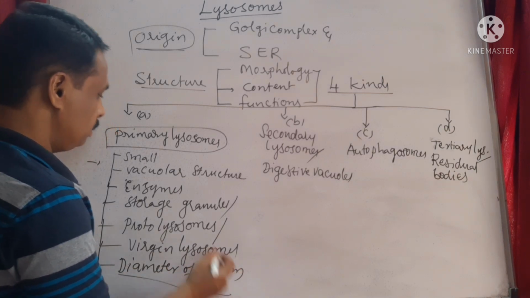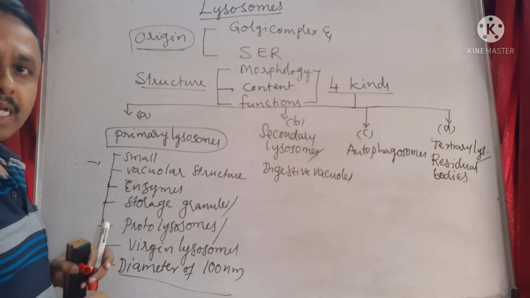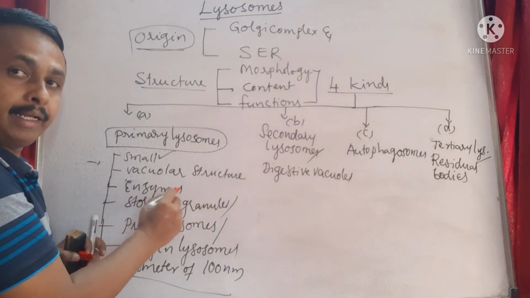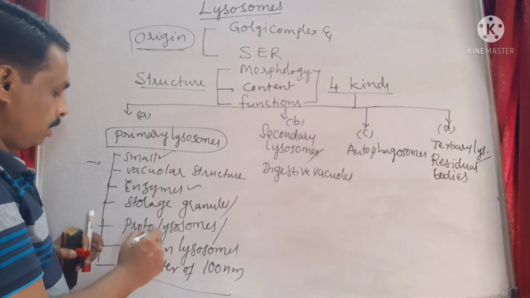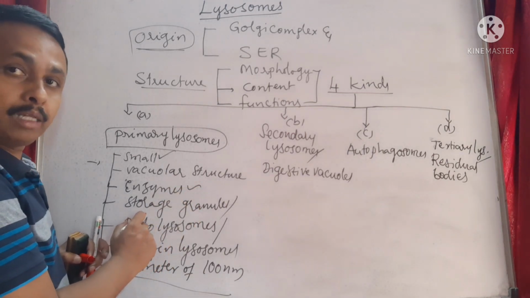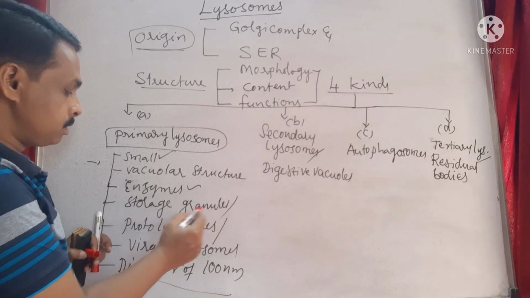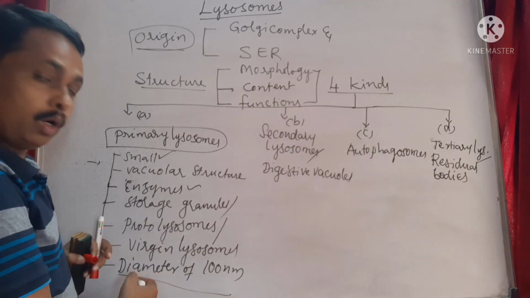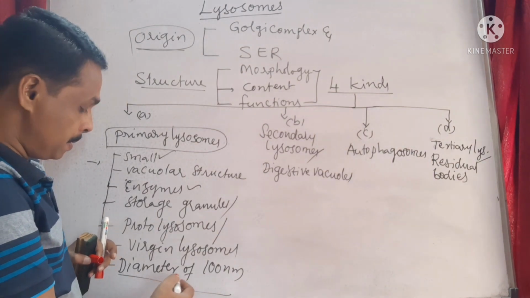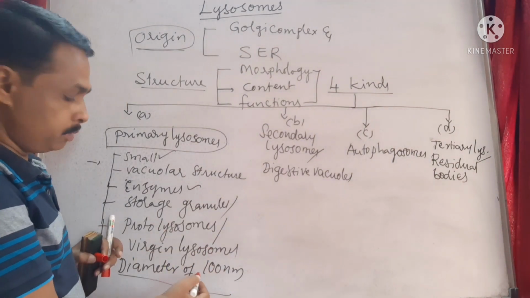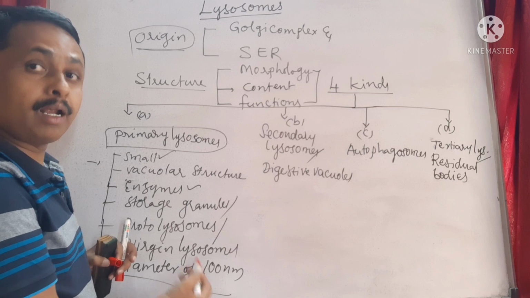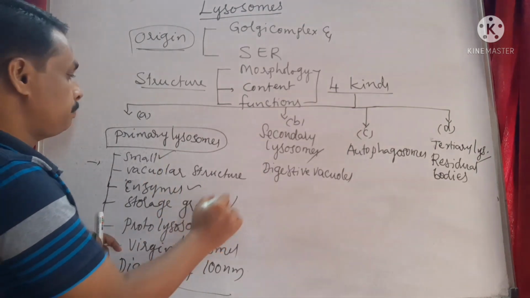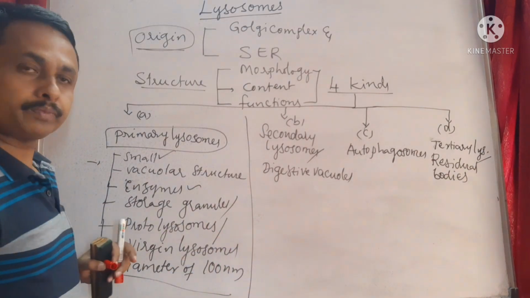The diameter of these primary lysosomes is 100 nanometers.